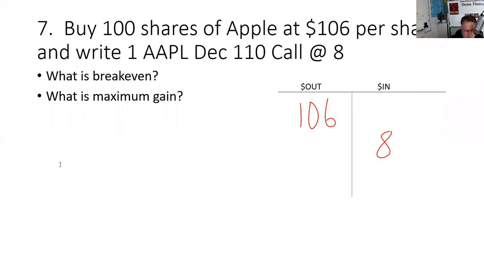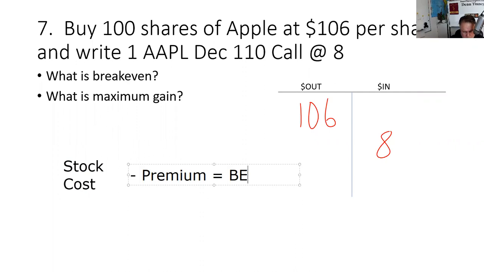And so the break even in a covered call is the stock cost minus the premium. So that's a little different, and that equals the break even.